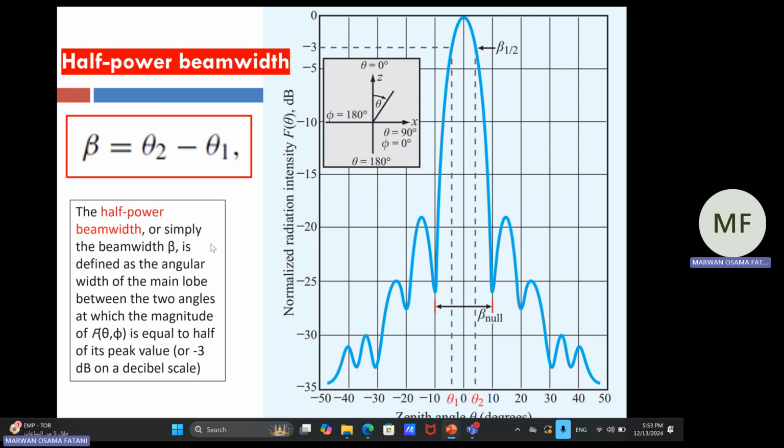So the half power beam width is defined as the angular width of the main lobe between the two angles at which the magnitude is equal to half its peak value. I explained that just now.